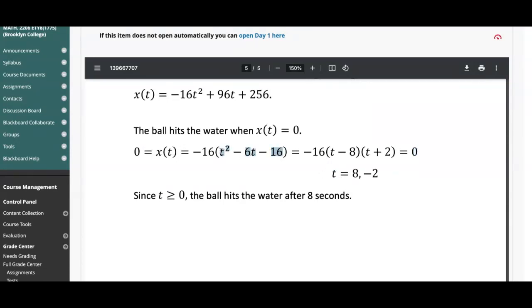We can factor this quadratic into two linear factors. Then we have t equals 8, t equals negative 2. But we don't measure time negatively, so we ignore this negative value. So after 8 seconds, the ball will hit the water.